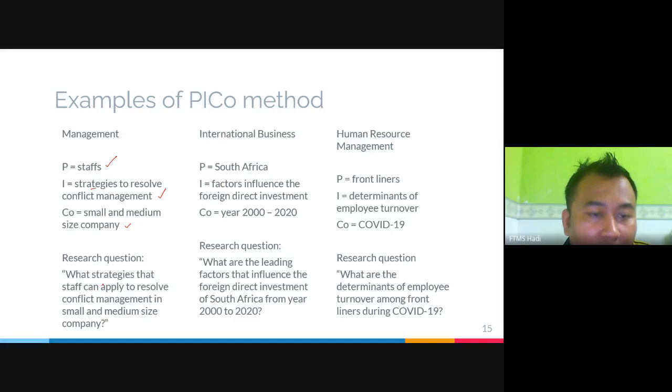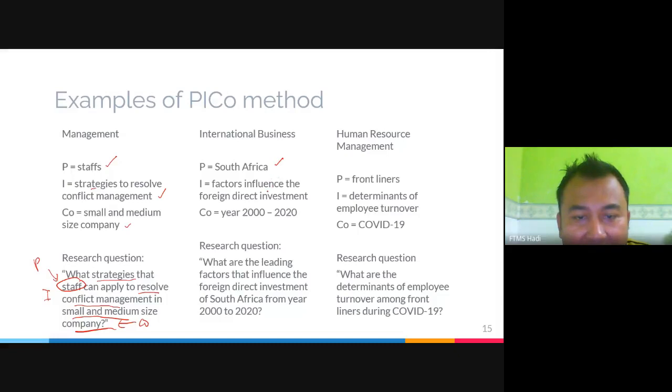So the research question will be, what strategies can staff apply to resolve conflict management? So this is your interest. Staff, population. Small and medium-sized companies is the context. So that can have three elements. International business, South Africa.